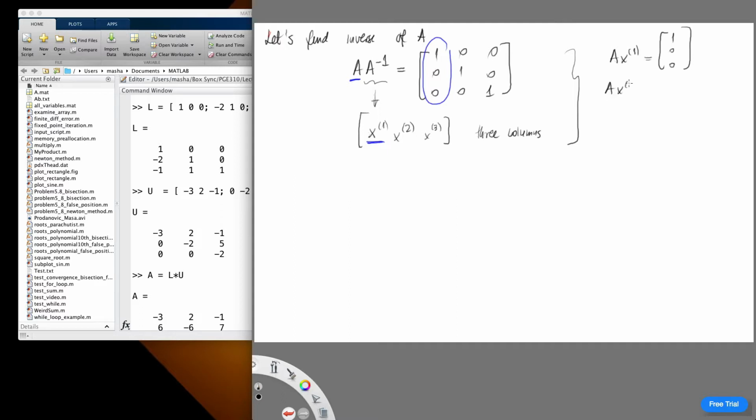And A times this second column is this, and A times this third column is this.